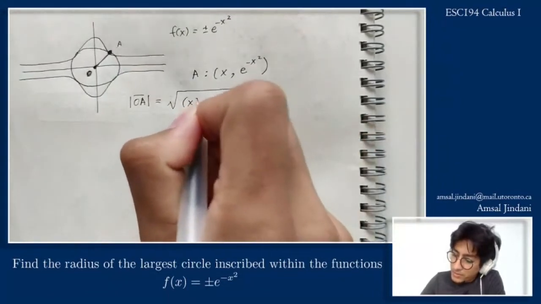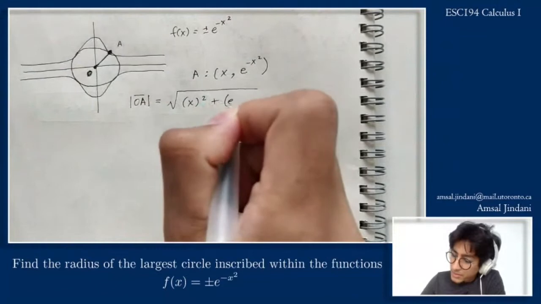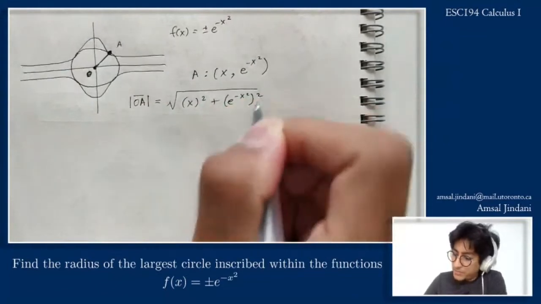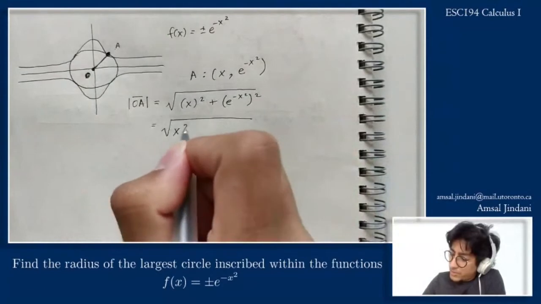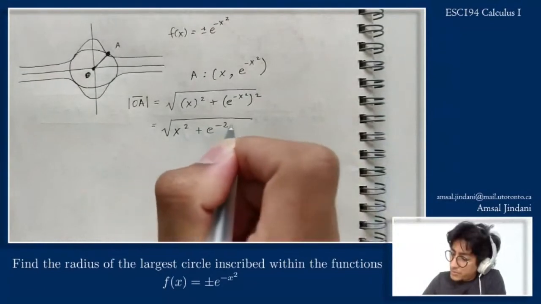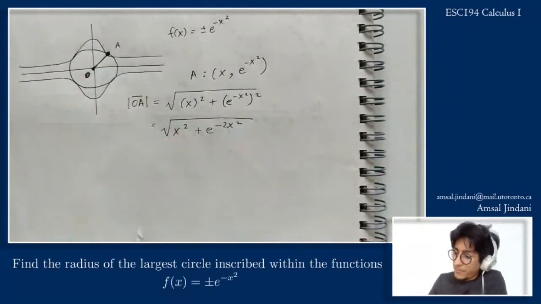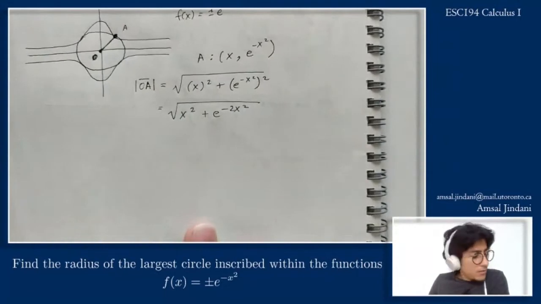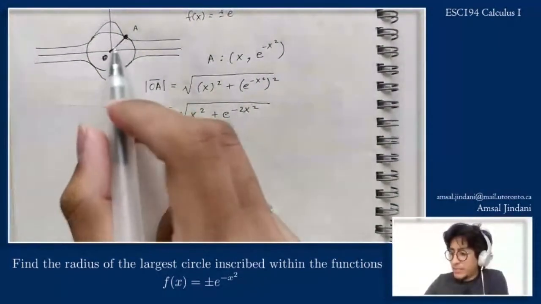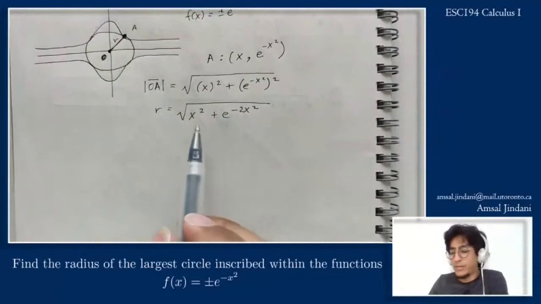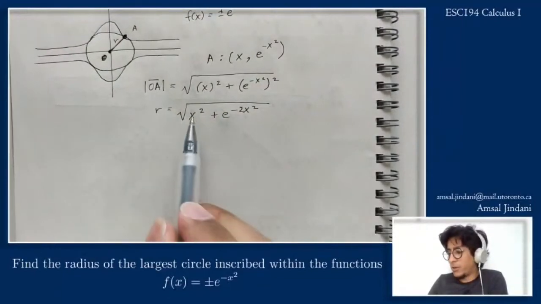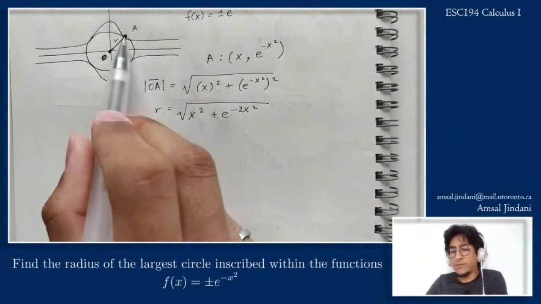It's the square root of x squared plus e to the minus x squared, all squared. Expand that out, you get x squared plus e to the minus 2x squared. And OA is basically the radius of our circle. So this is r, a function that relates the radius of the circle to the x coordinate of this point A.